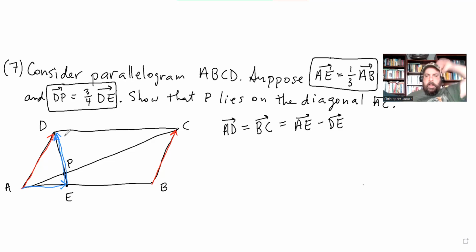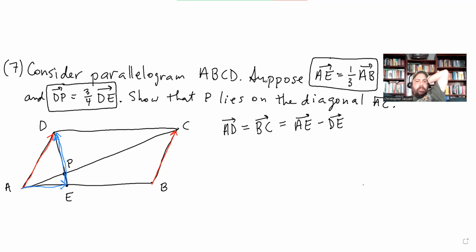All right, so that's what I have written up there. And let's see, we can write AE in terms of AB, and we can write DE in terms of DP, but I think I'll leave it like this, AE and DE, and see if we might have to go back and forth.